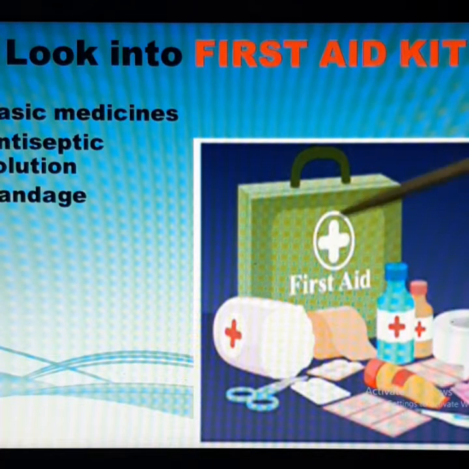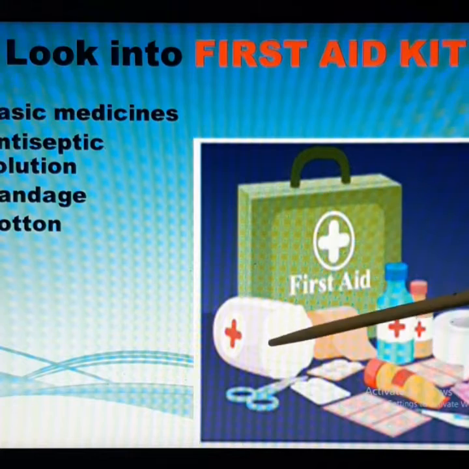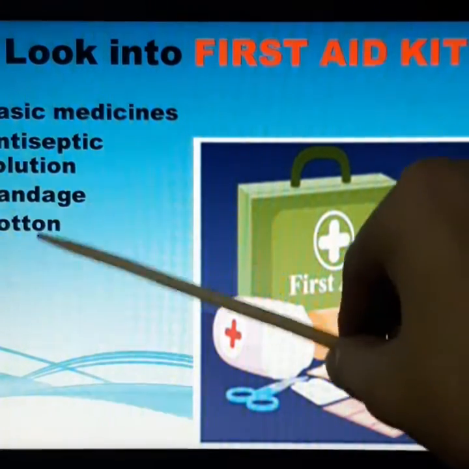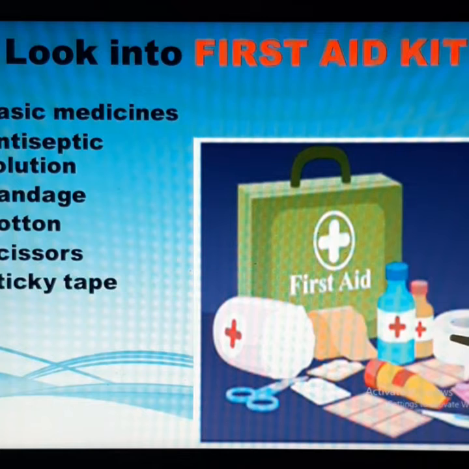Next, bandage. If we get cut we need to use a bandage, so that also we need. Next, cotton. If we have any wound, to clean that wound with the help of antiseptic solution we need cotton. Scissors to cut the bandage or a crepe bandage. Sticky tape, we can use these tapes to fix our bandage.